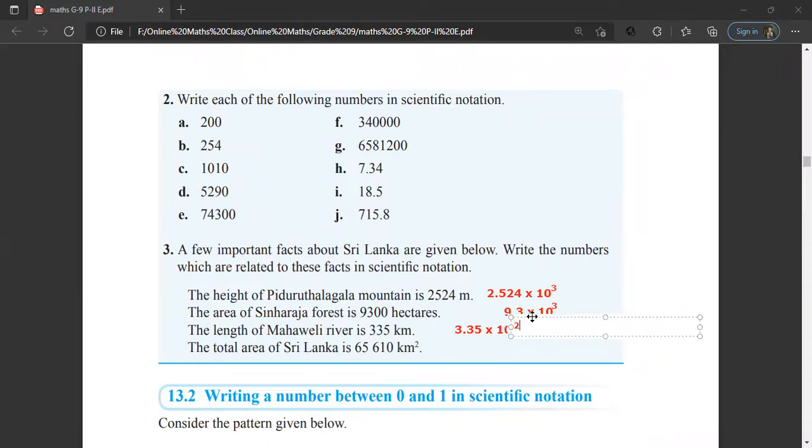Next one. 6.561 into 10 to the power 4, right? So these are the answers here, meters, right?